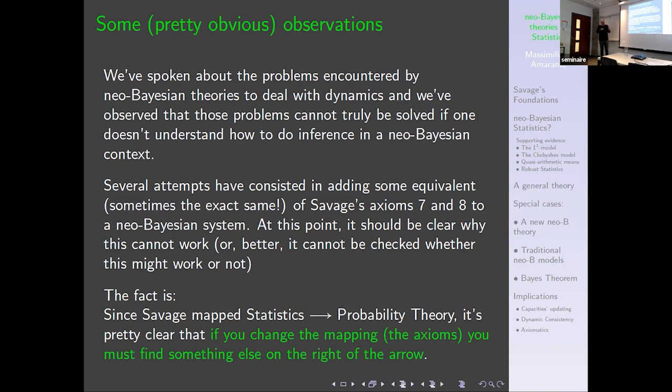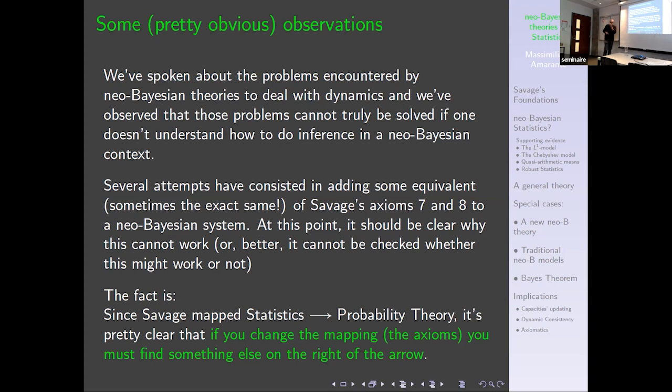I need to remember, and this is why I think that all these attempts have failed. In particular, this one. You know that under Savage axioms, 7 and 8 is equivalent to Bayes rule. Now, essentially, you're putting some sort of Bayes rule. You don't even know where to put it.